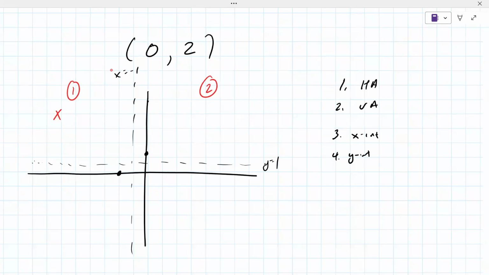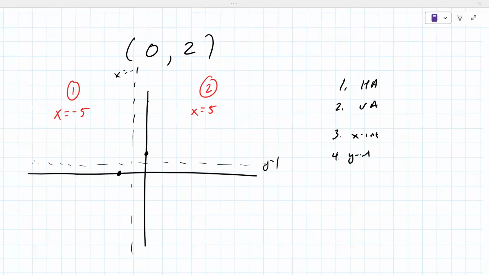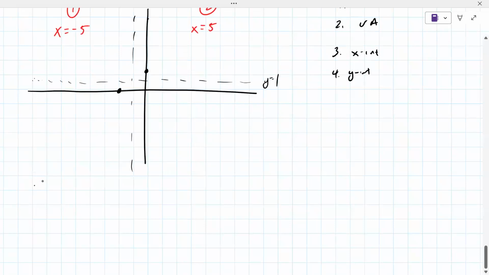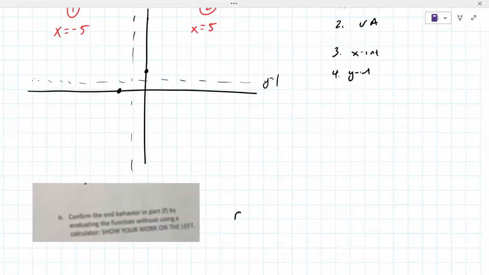Let's just try -5 and +5. I'm just going to use different numbers this time. So you've got to find f of 5 and f of -5. And your f of x is still x plus 2 over x plus 1.